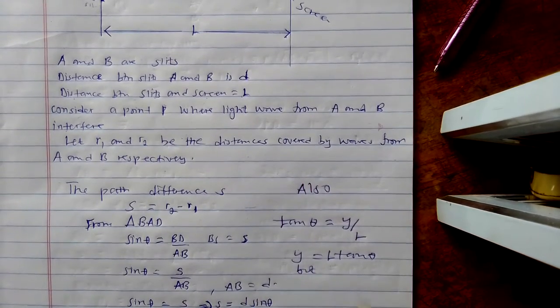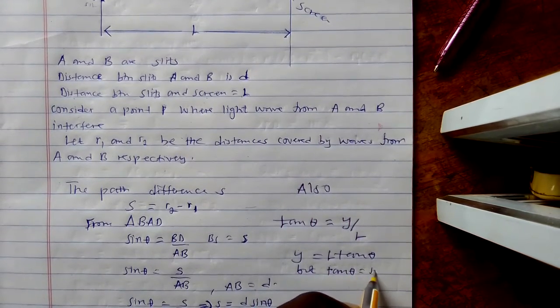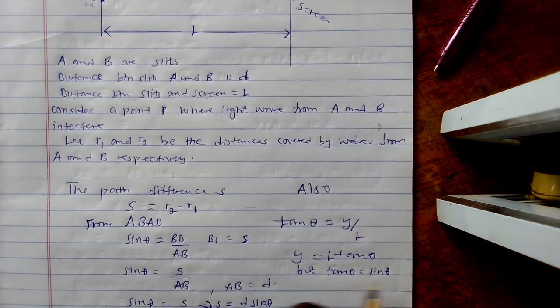But we know very well that tan theta is equal to sine theta for small angles in radians.